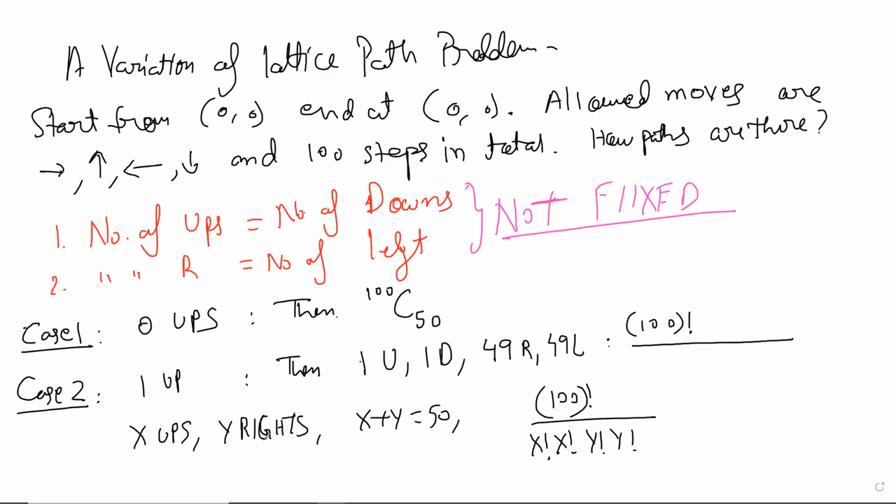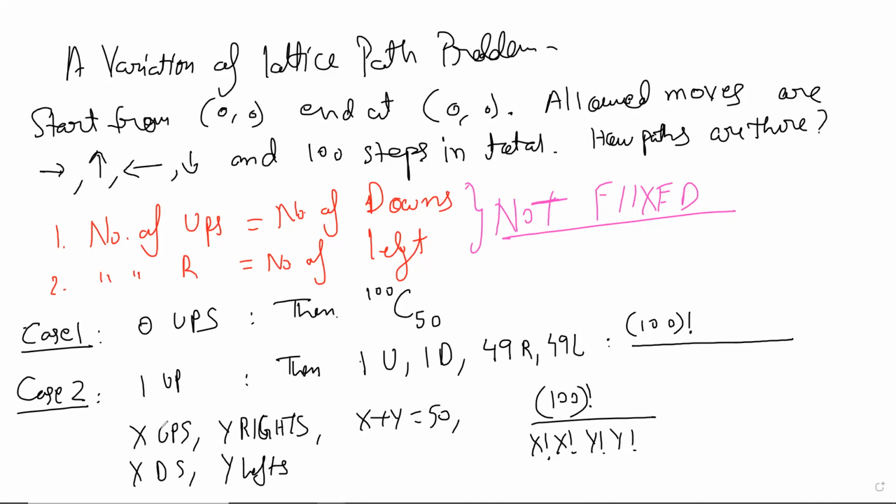No, but if you work out the formula, that's what it comes out. Just work it out. You have x ups and x downs, and you have y lefts, right?